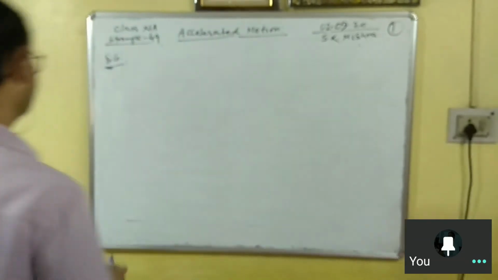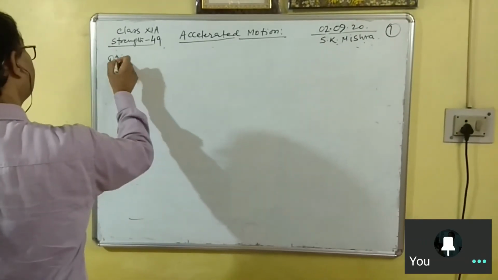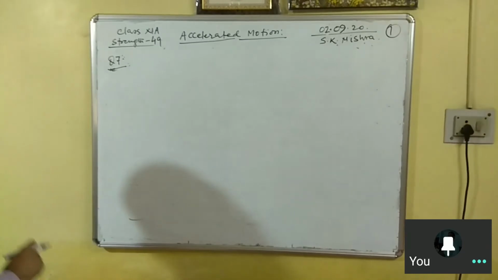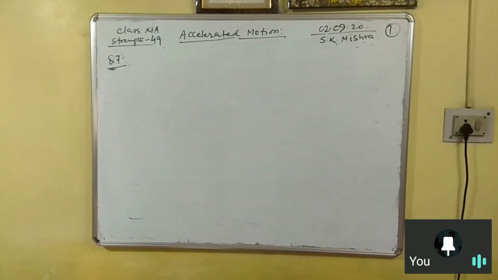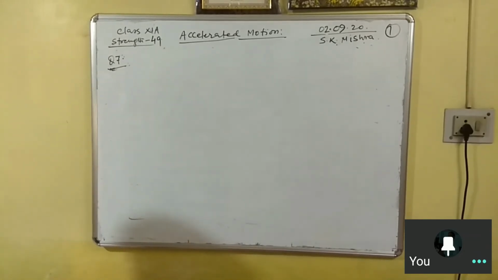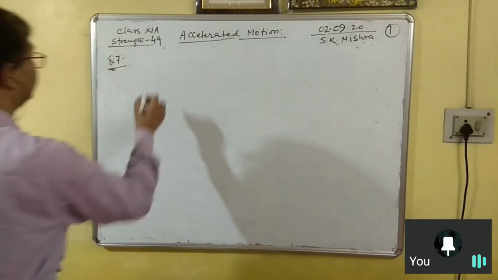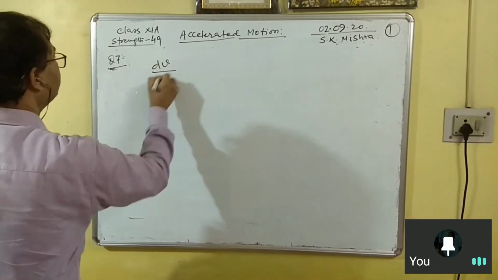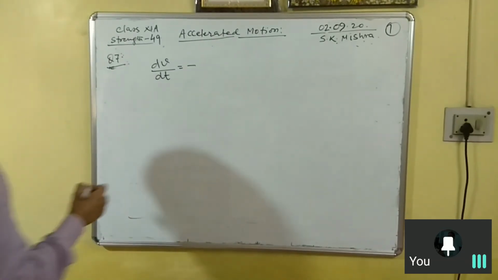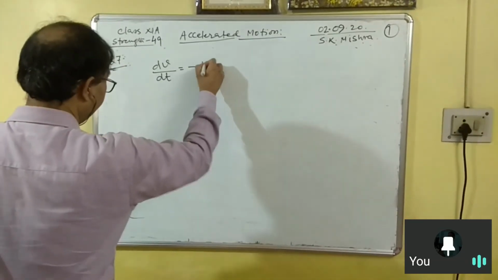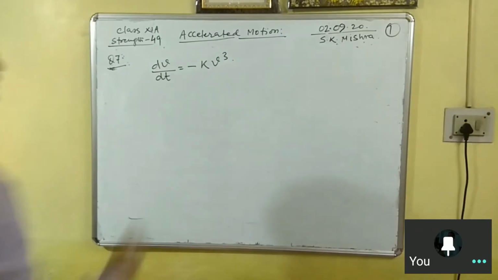So this question 7 is: the acceleration experienced by a moving boat after its engine is cut off is given by dv by dt equal to minus k v cube, where k is a constant.